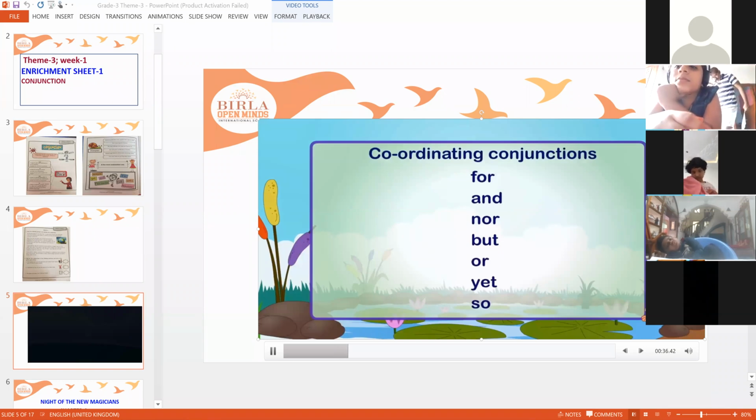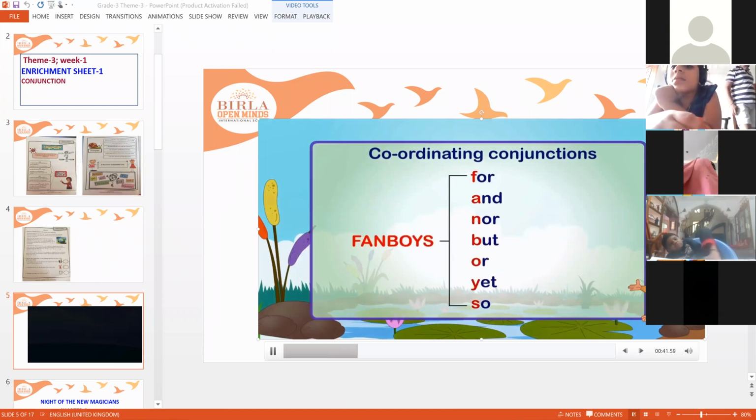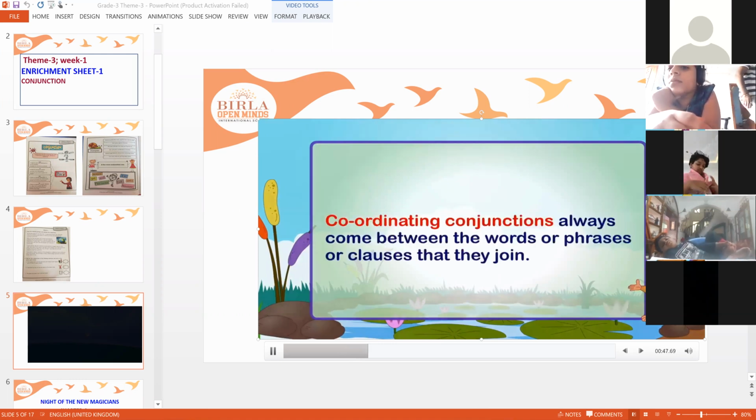The mnemonic FANBOYS is an easy way to remember the names of the conjunctions. Coordinating conjunctions always come between the words or phrases or clauses that they join.